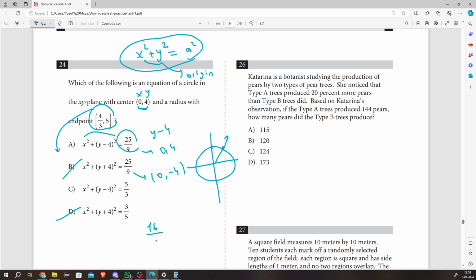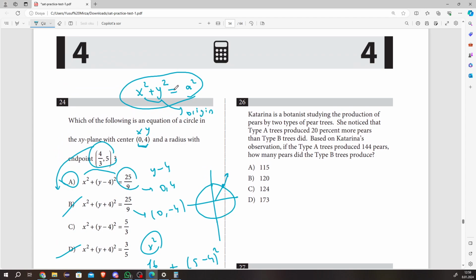So if we look at y, y is x to the power of 2, and let's look at equation 2, and it's 1, and if we collect them, it's 25 divided by 9, so it's simply A. Yeah, you can look at your textbooks. I couldn't explain it to you perfectly. Sorry about that.